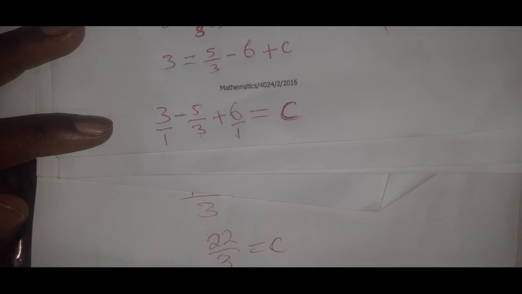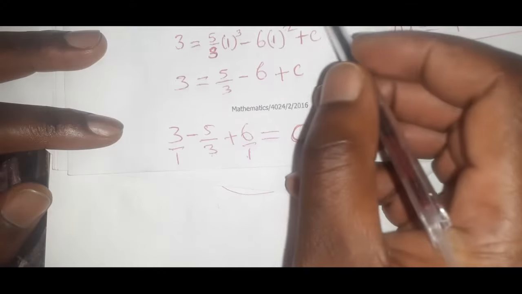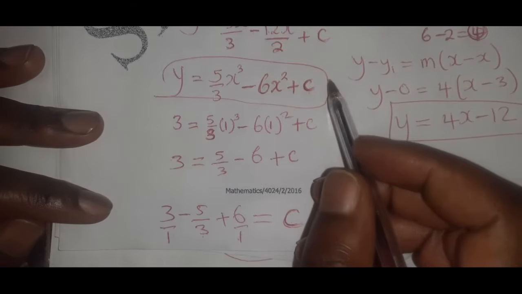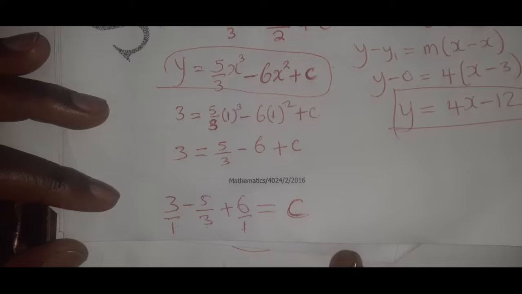Okay. So I think this is our c. So to write now the equation, we need to go back to this stage, and then where we have c here, we put there.